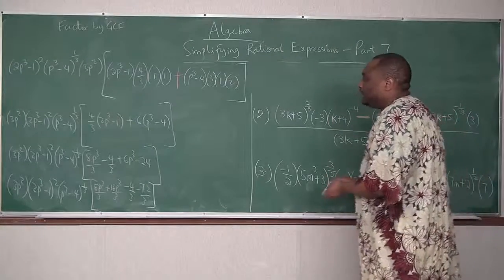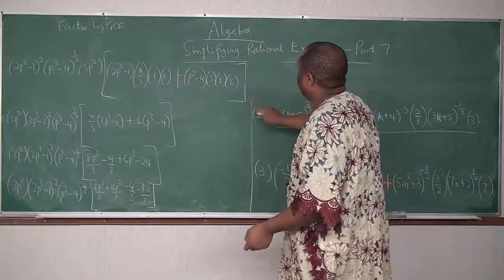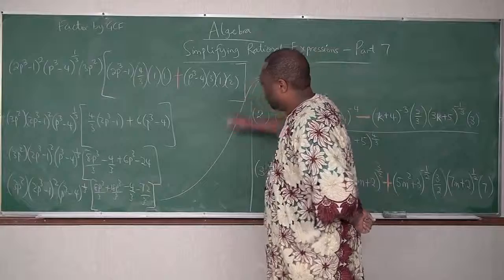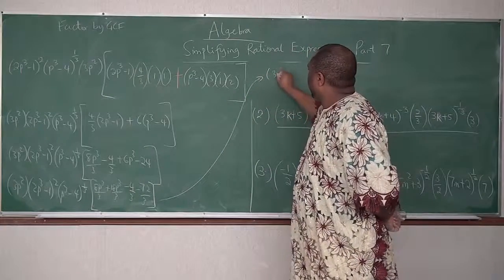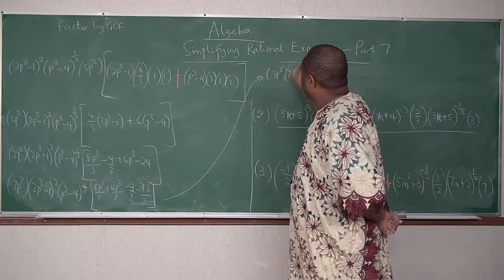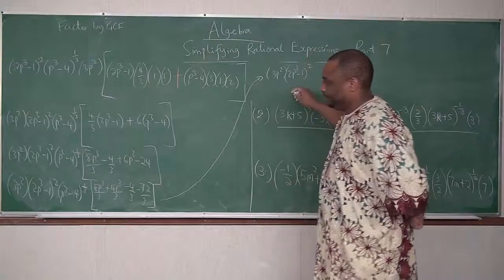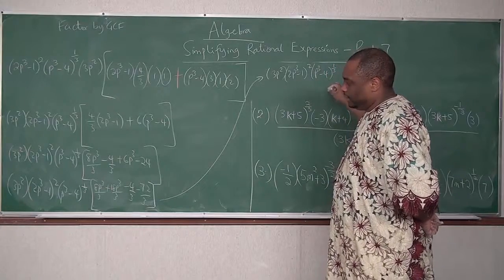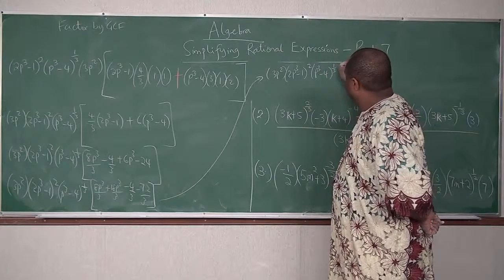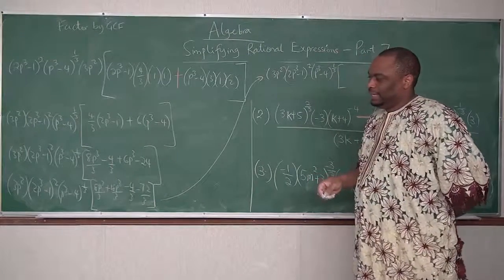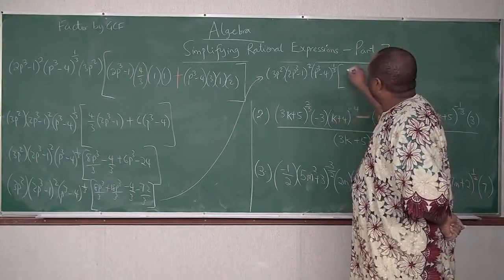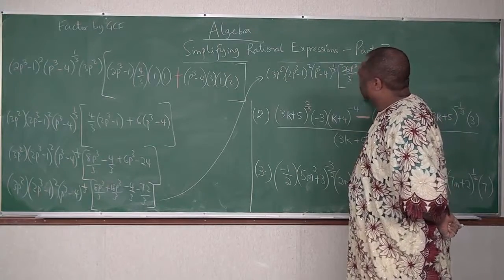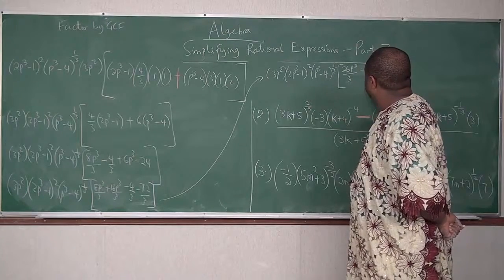So this will now be from here 3p squared times 2p cubed minus 1 all squared times p cubed minus 4 exponent 1 over 3 times 8 plus 18 is 26, okay? 26p cubed over 3 minus 76 over 3.